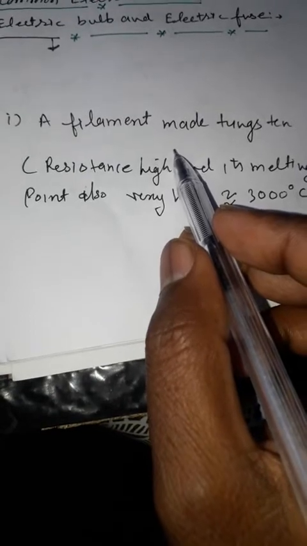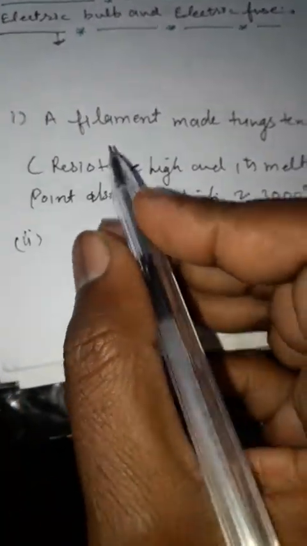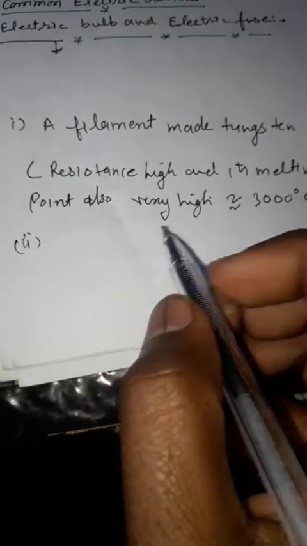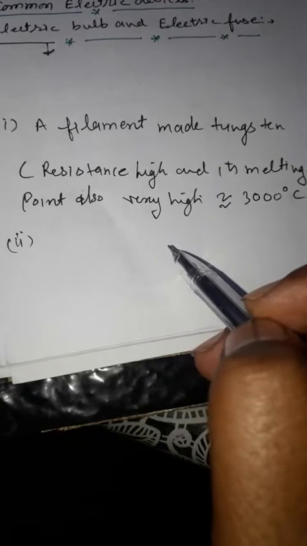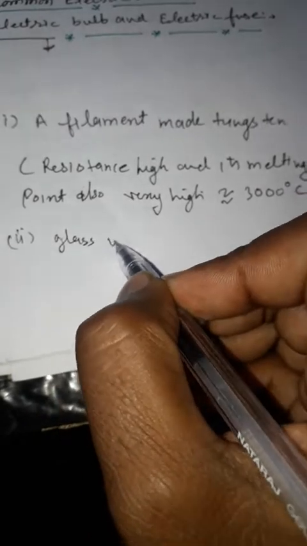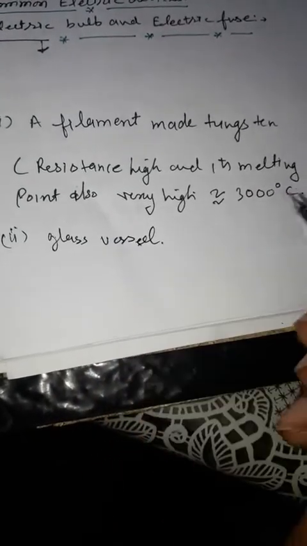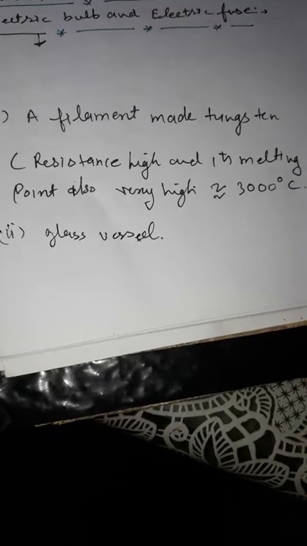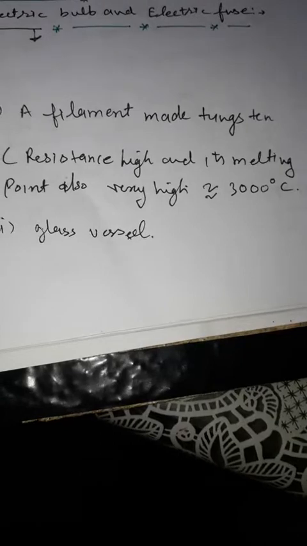The next component is that this tungsten material is protected with the help of a glass vessel. This glass vessel is very thin and protects the tungsten filament.